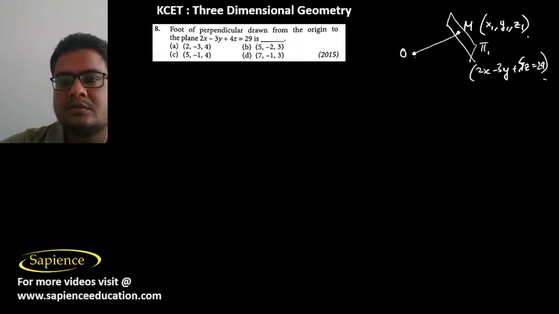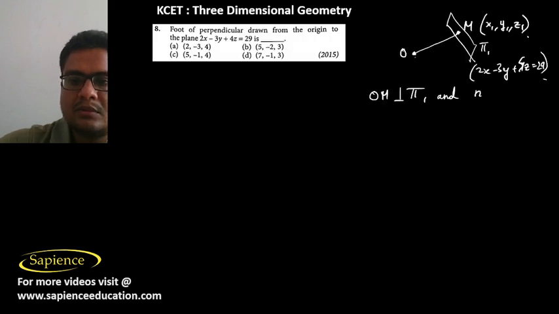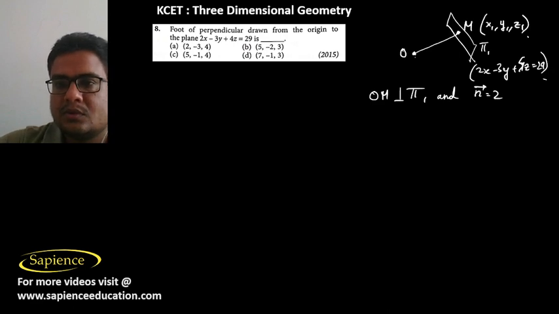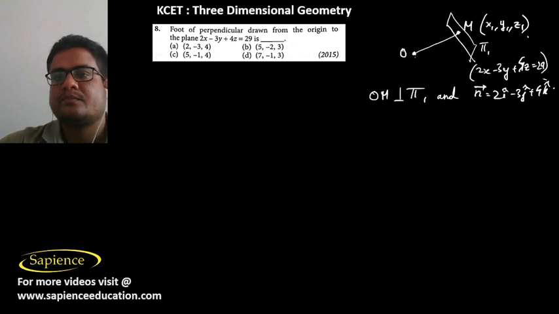Then OM is perpendicular to the plane, and the normal vector to this plane is 2 i cap minus 3 j cap plus 4 k cap.